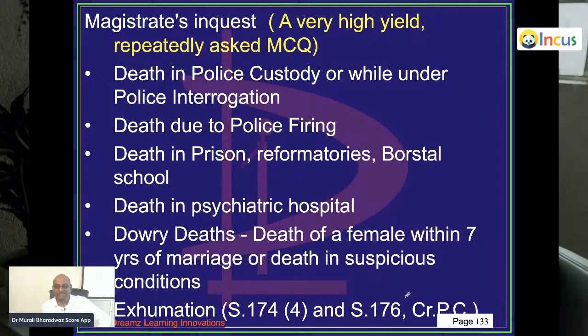Magistrate has to do it. Death because of police firing. Death in prison. Death in a borstal school. Death in a psychiatric hospital. Dowry death. And if you want to do exhumation, you are suspecting and you want to dig back the body, then that time also magistrate inquest needs to be done.